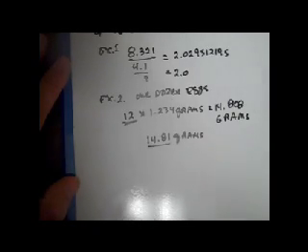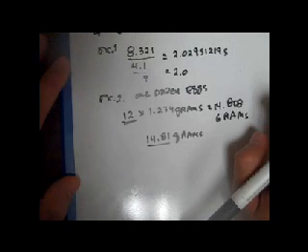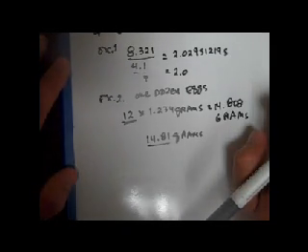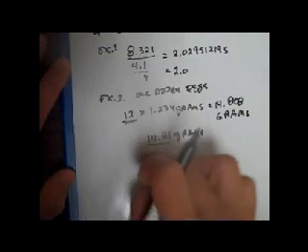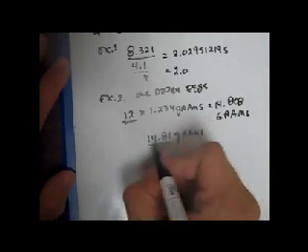Now, when you're having this discussion with a fellow at the deli, they might round this up to 15 grams, and then you can say, hey, wait, you can't do that. This is 14.81.